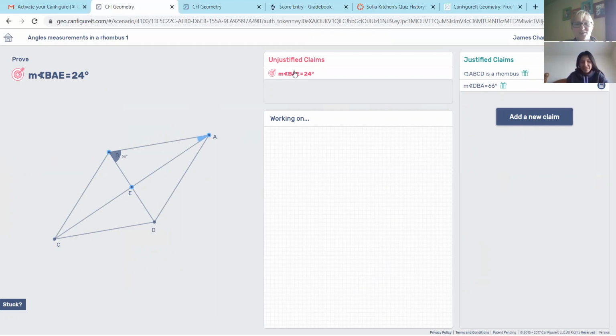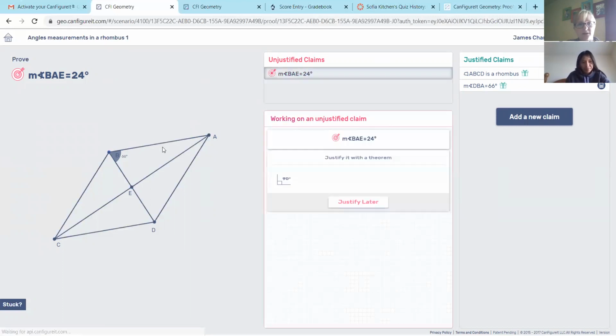So when you look at this picture over here, does it make sense to you that that would have to be 24 degrees? Is it because they're vertical angles? Nope. But do you see this shape right here? Let's see if it'll let me click on it. Oh, it won't. Hold on.